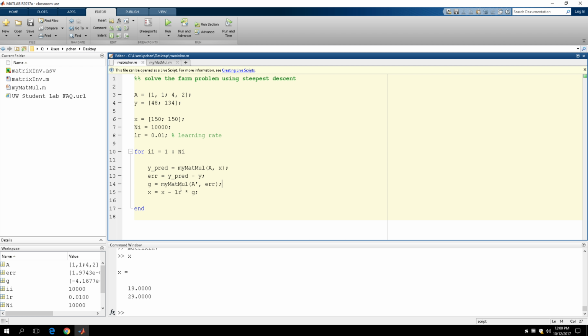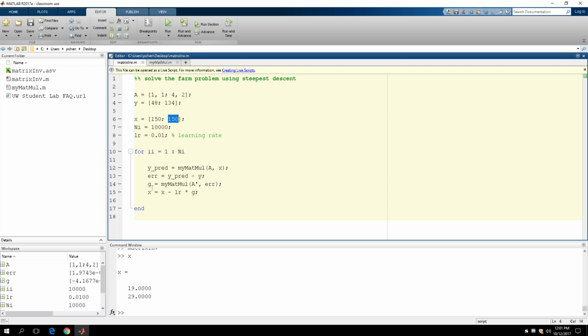You need to understand what's called a gradient. A gradient is basically a derivative. The vector g that we are computing is the derivative of something we call the objective function with respect to the two elements inside of x, right?